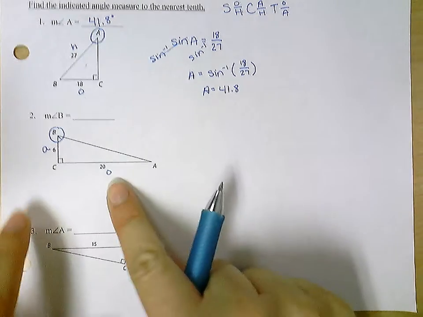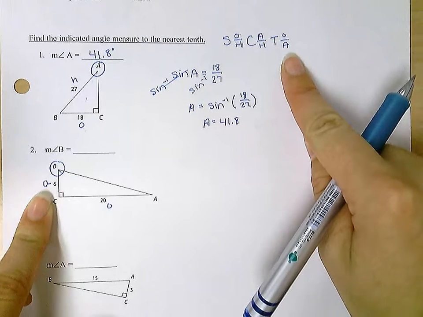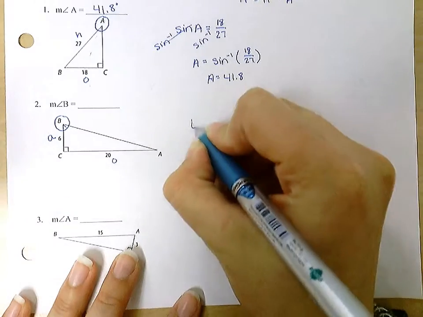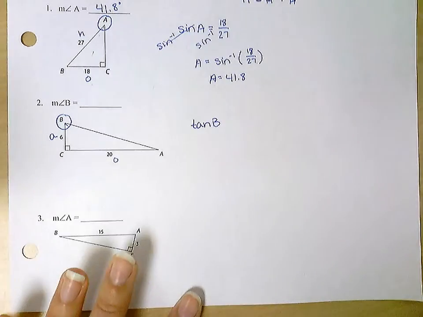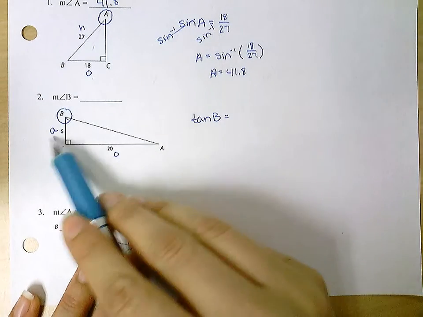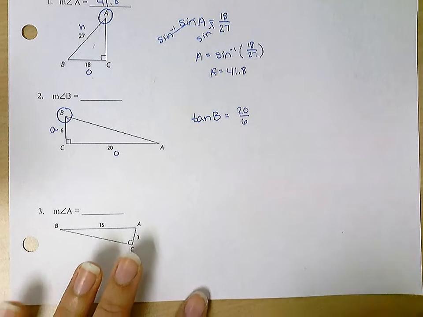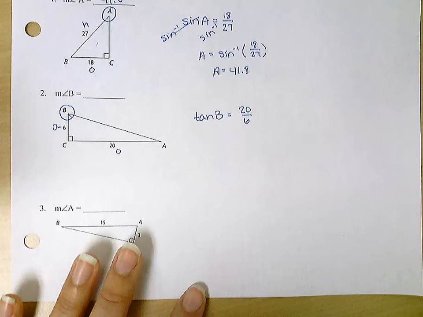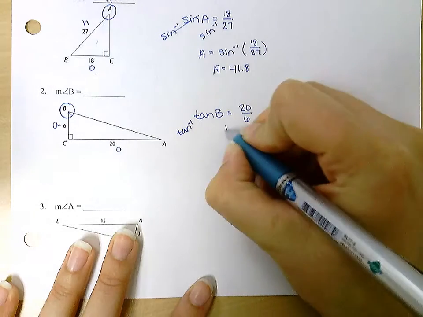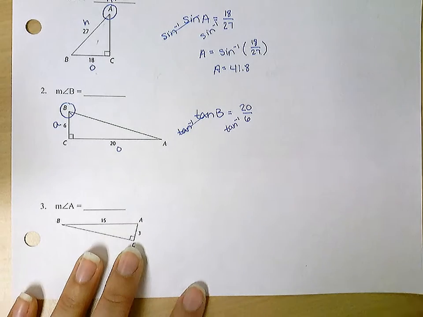Okay, so here I have O and A. So looking at SOHCAHTOA here, the one that has O and A is this TOA piece. That means I'm using tangent. Okay, so I have tangent of B. That's equal to our ratio of sides, O over A, so 20 over 6. Now if I want my angle by itself, I have to bring in that inverse. So I bring in tangent inverse this time to both sides of my equation so that it cancels it out on the left.